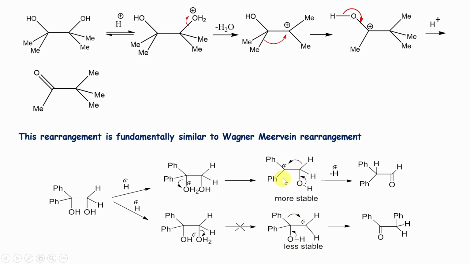It is more stable, and hence proton attack takes place to form this more stable carbocation. And then a 1,2 hydrogen shift takes place. The rearrangement takes place. Here the hydrogen shift takes place to form this aldehyde.